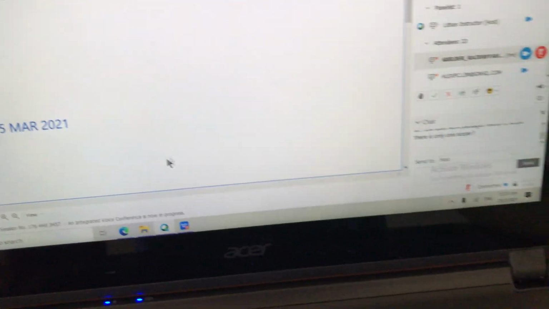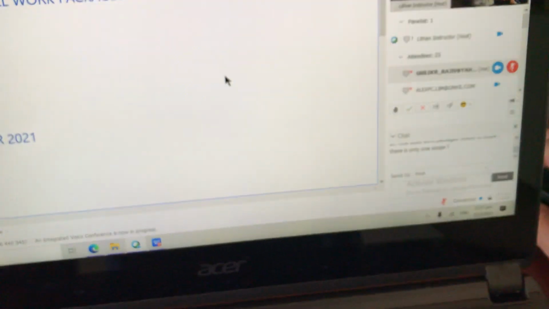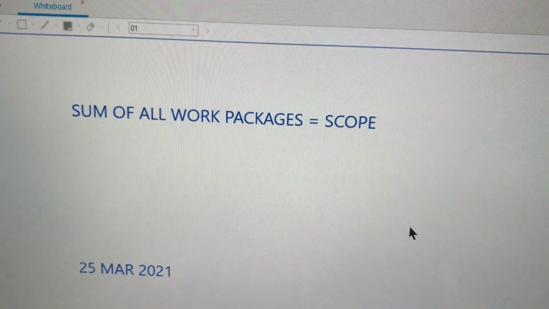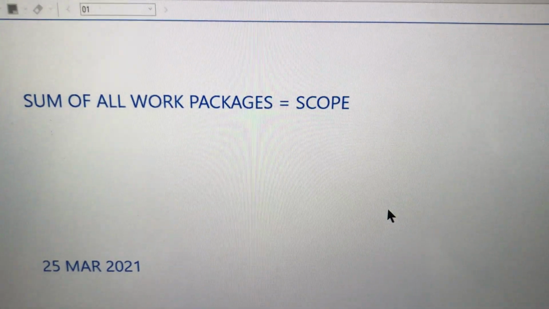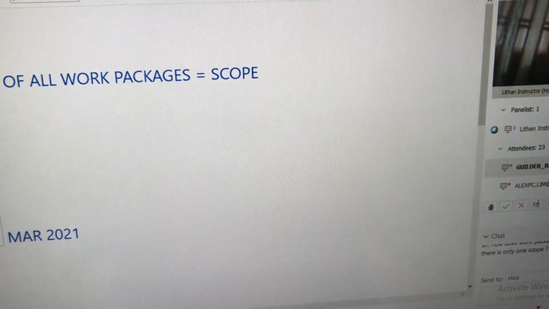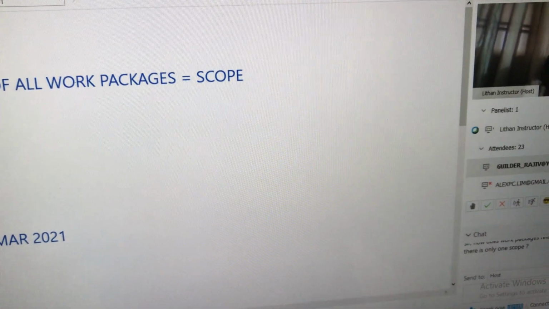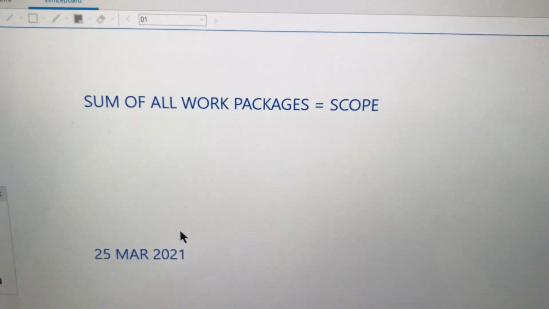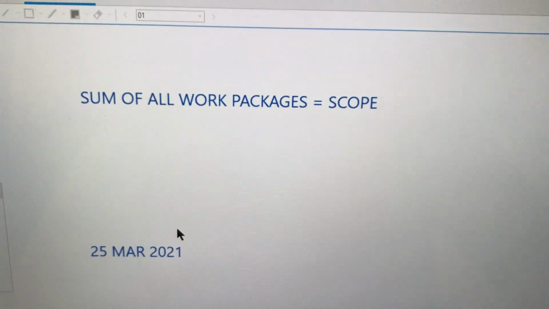Can you see this? Sum of all work packages is equal to scope. Yes, this is the relationship, and this is an overriding principle of a WBS. Always remember. Now I'll share the WBS also for you.